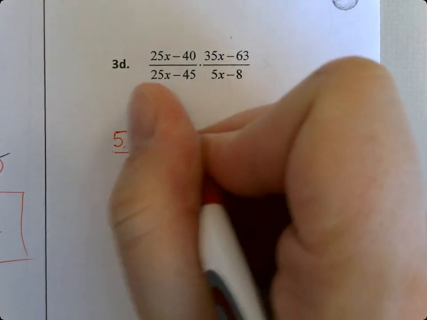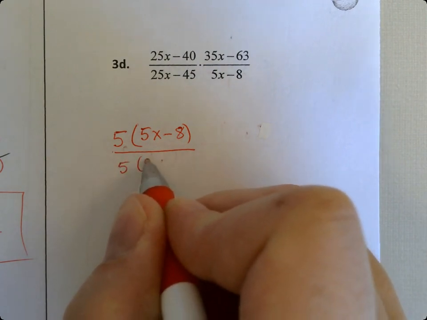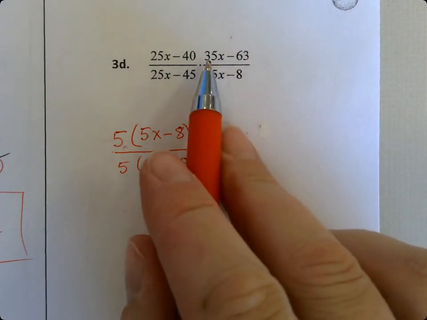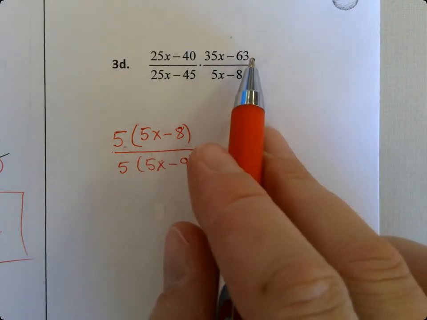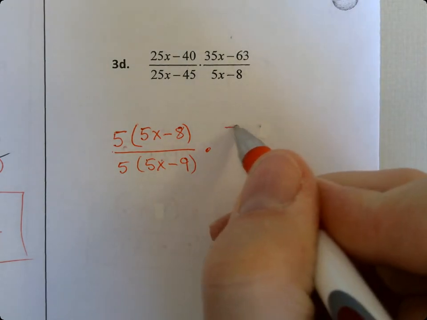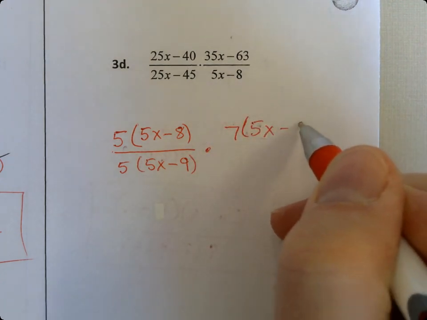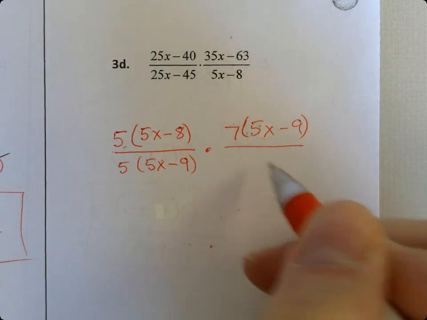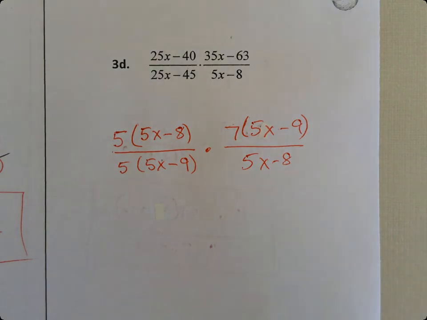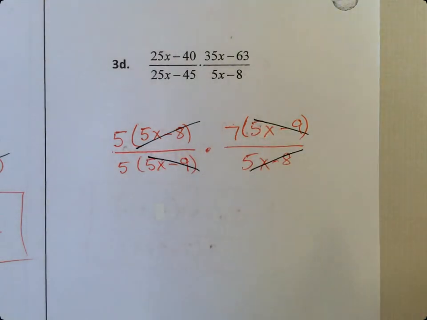All over, what's the common factor here? Another 5. What's left? 5x minus 9. All right, times. 35 doesn't go into 63, but what's the next big number that goes into 35? 7. So I'm leaving that, so that'd be 5x minus. All right, in the denominator? No GCF. All right, so what's going to cancel? 5x minus 8, 5x minus 9. Anything else?